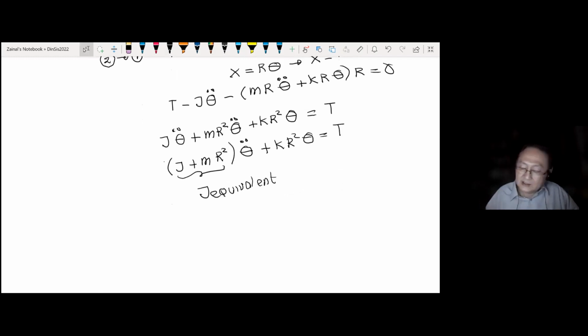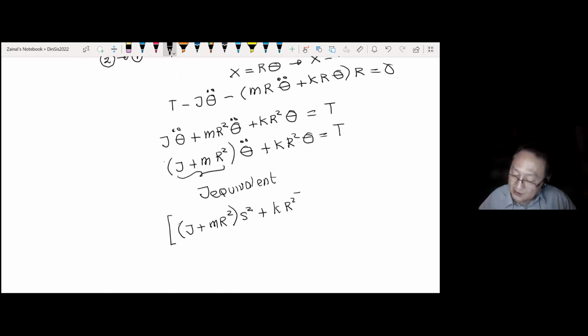Then just apply Laplace transform. Then you have something like this: J plus m r square, s square, plus k r square, theta of s is equal to tau.